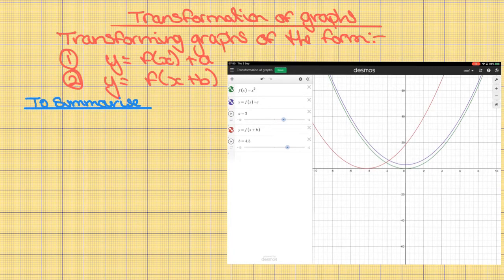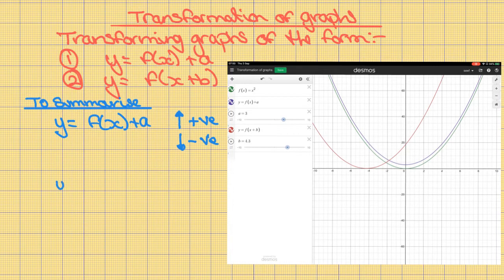To summarize, graphs of the form y equals f of x plus a, the a moves the graph up and down. If a is positive, it moves up. If a is negative, it moves down.